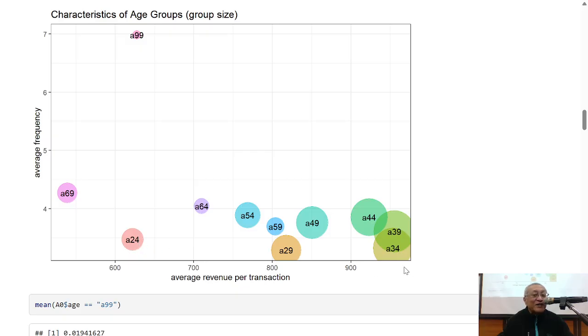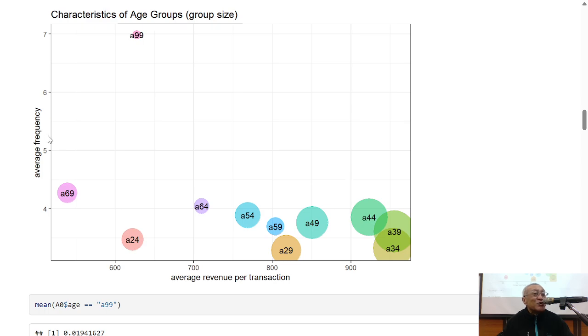And for this age group, their average revenue per transaction can be as high as about $1,000, right? So in this way, you can compare the average revenue per transaction on the X coordinate, and the Y coordinate is the average frequency they buy, right?